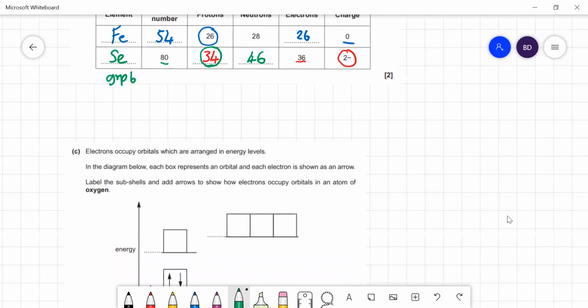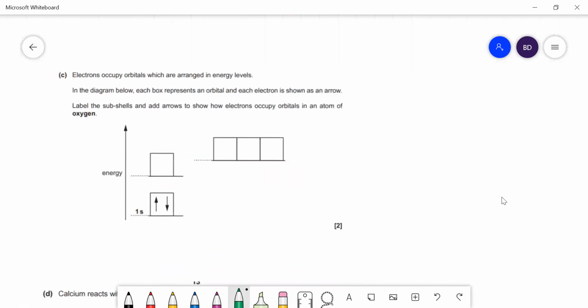Electronic structure then. Electrons occupy orbitals, which are arranged in energy levels. In the diagram below, label the subshells and put in the arrows for the element oxygen. Well, oxygen is atomic number 8, so it's going to be 1s2, 2s2, 2p4.